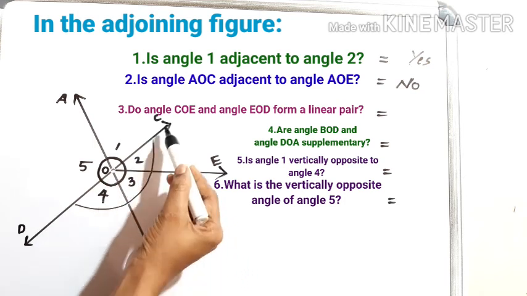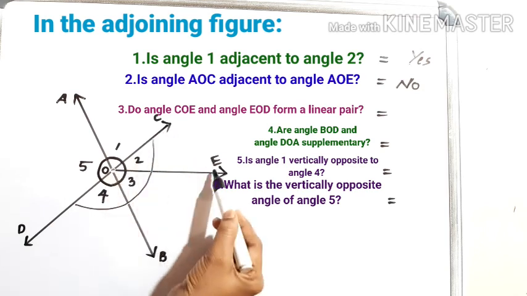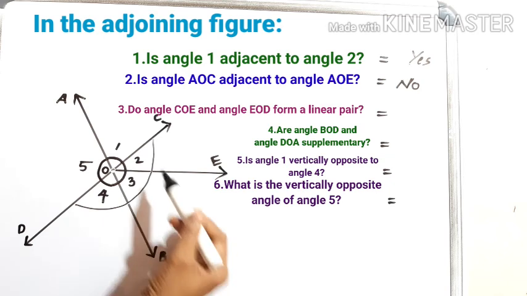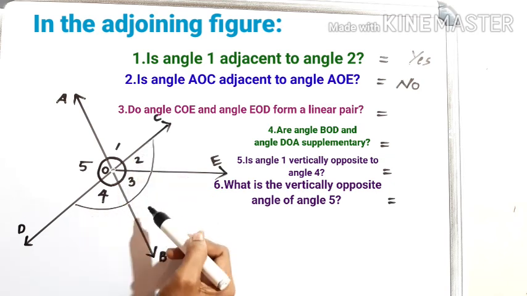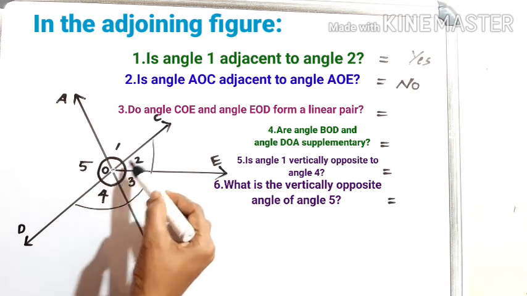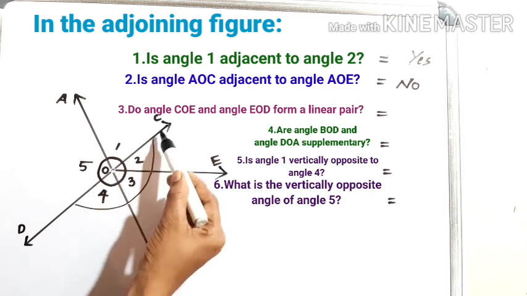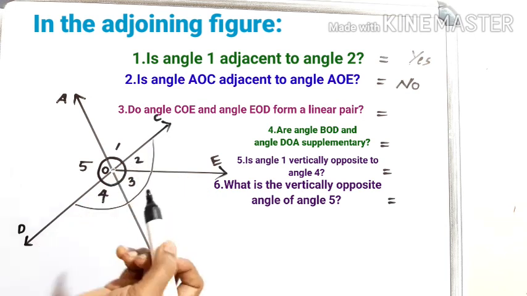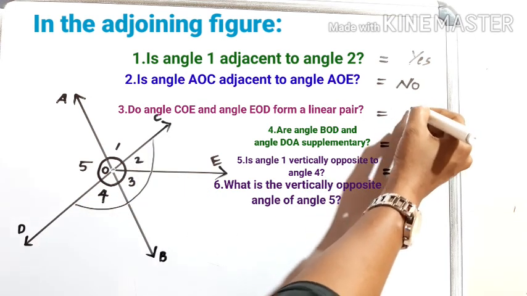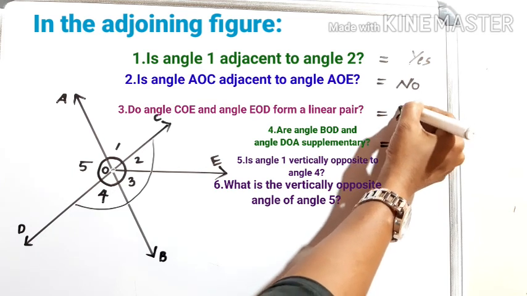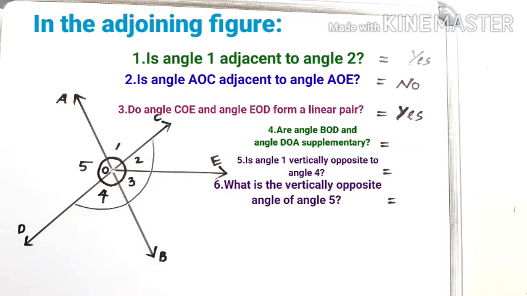Therefore, angle COE, EOD are adjacent angles, also linear pair, right? Why? Opposite rays, non-common arms here, OC, OD, opposite rays. Therefore, third question's answer is yes. Clear, no?